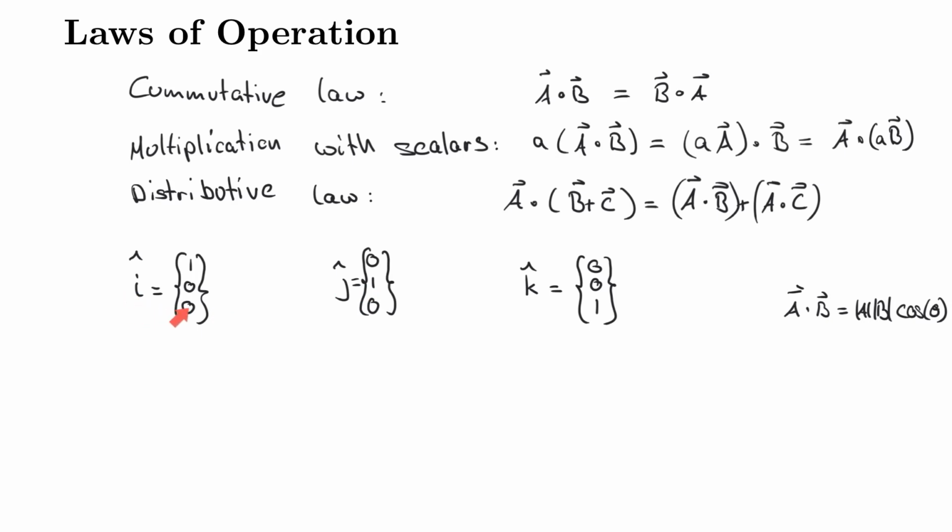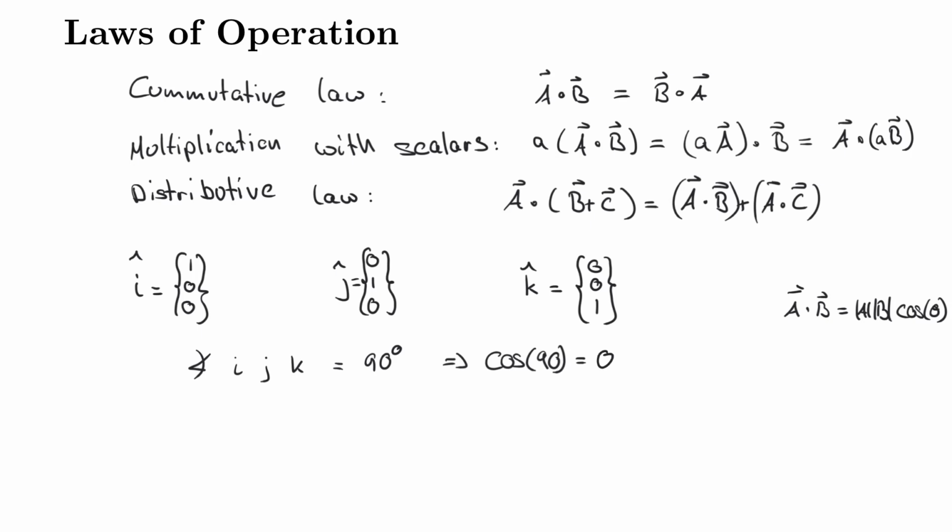They are defined by being mutually perpendicular to each other, and so the angle here is really 90 degrees. So the angle between I, J, K is really, for all of them, 90 degrees, right? And the cosine of 90 degrees is what? Is nothing else than 0.